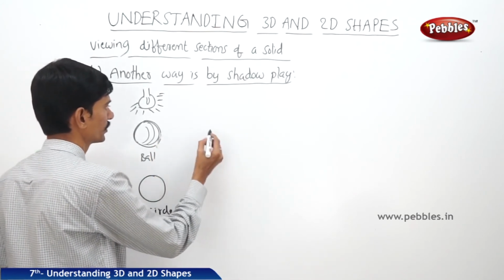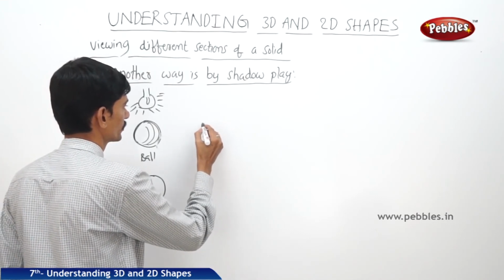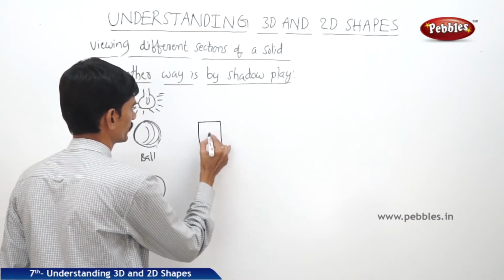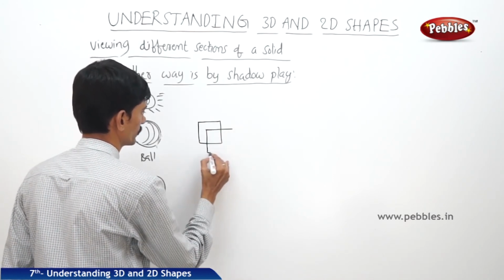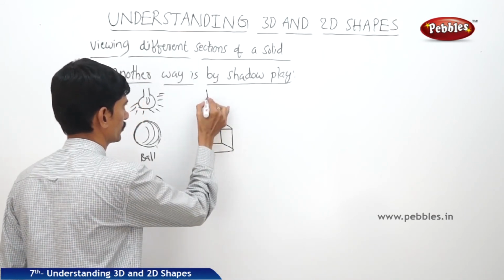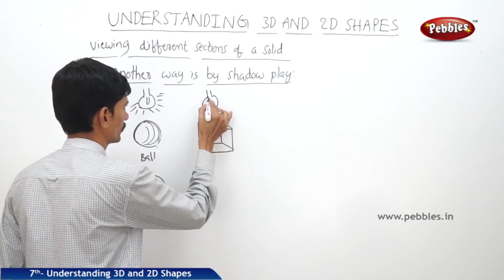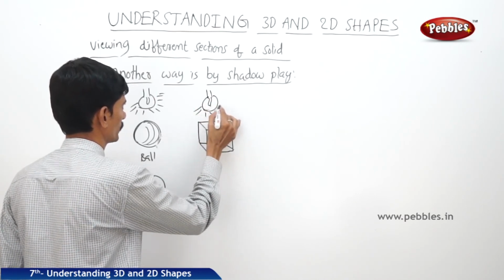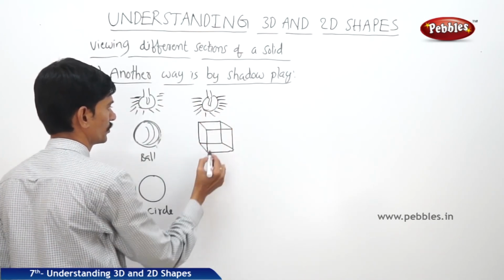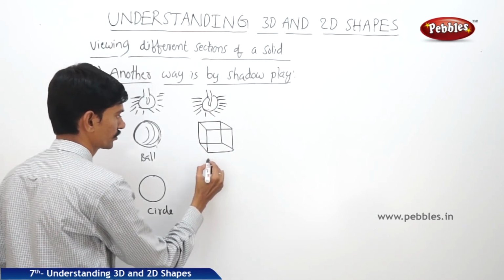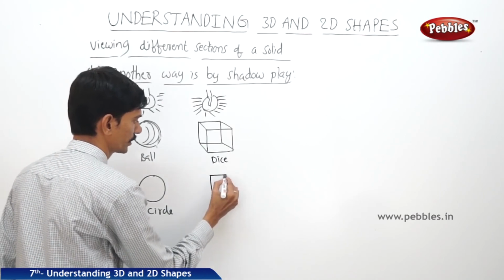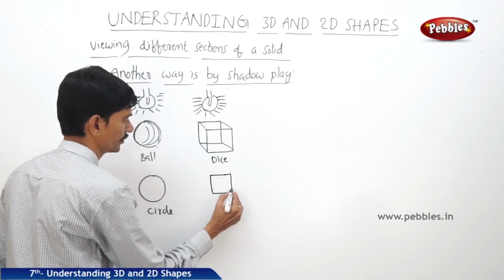Now if you take any cube, this is a dice, then the shadow will be in the shape of a square.